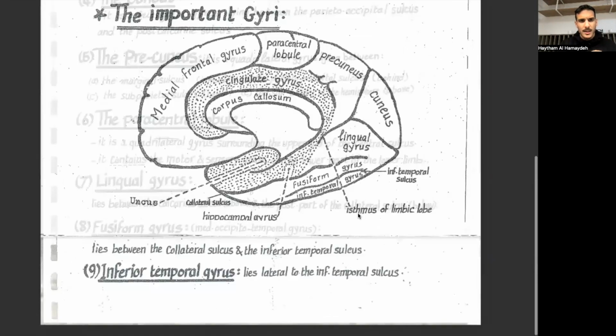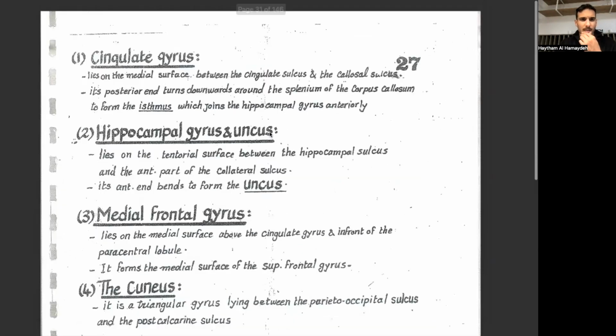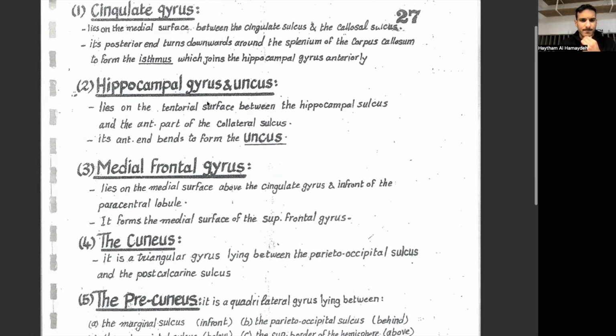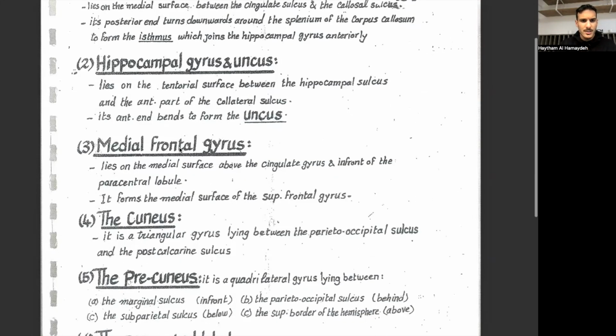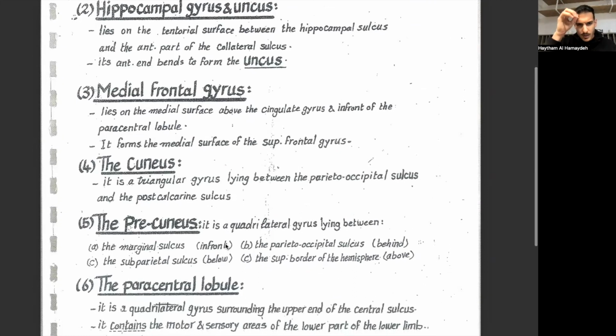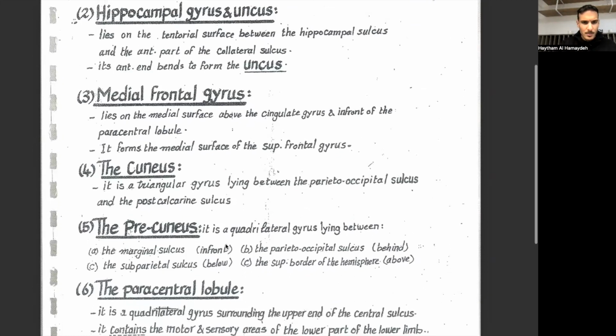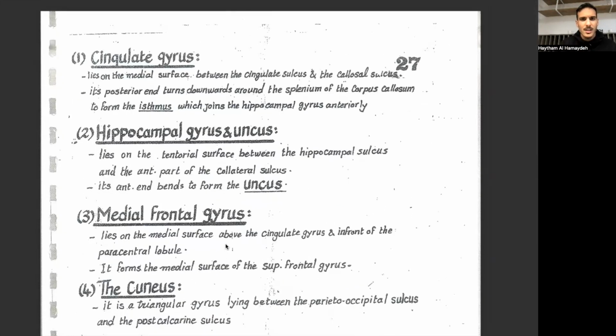Here. So we have the medial frontal gyrus, which lies on the medial surface above the cingulate gyrus and in front of the paracentral lobule, and forms the medial surface of the superior frontal gyrus. Okay. Just want to make sure that you guys know exactly where things are.